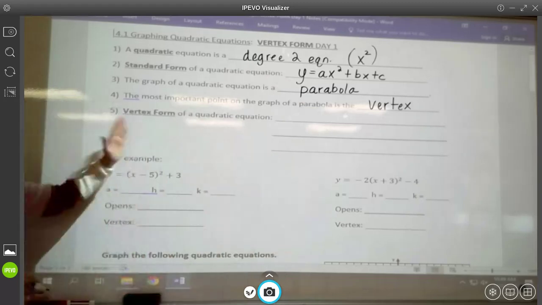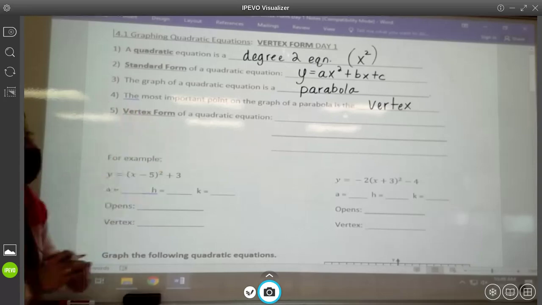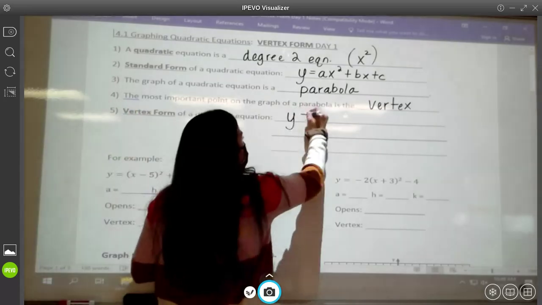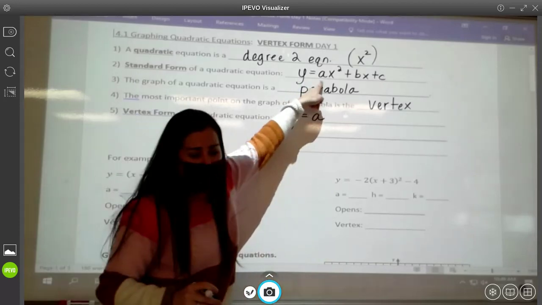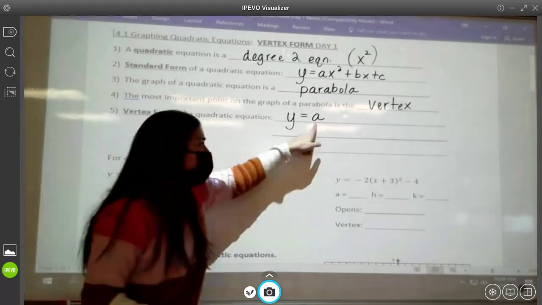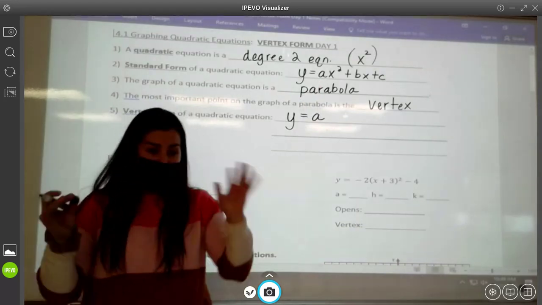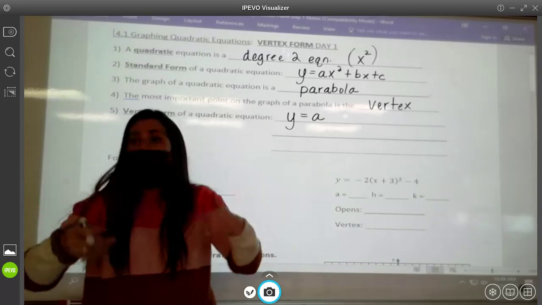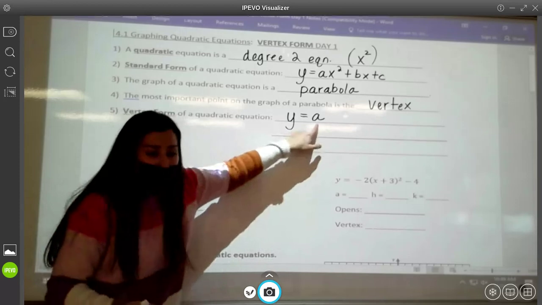All right, so guys, here's the new form. This is what vertex form of a quadratic equation looks like. It's going to start with y equals a. So it starts just like standard form, but after that, it's going to look completely different. Now this a value is still the number that tells you if the parabola goes up or down. If a is positive, it'll go up. If a is negative, it'll go down. And if you're a pattern person, that's your pattern number, still the a.